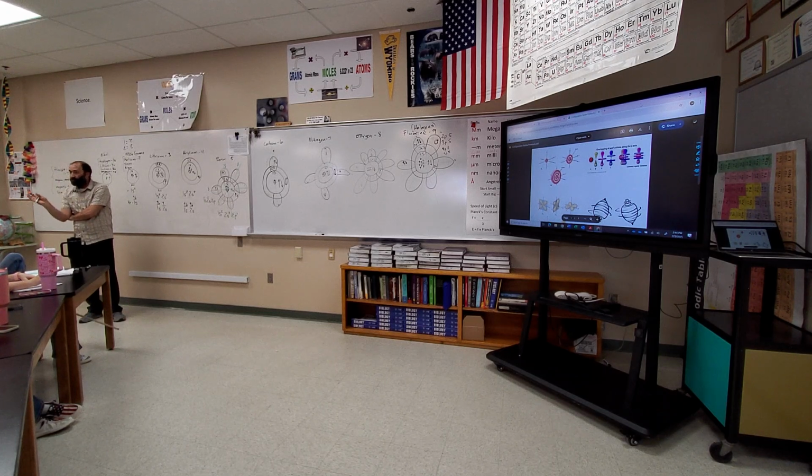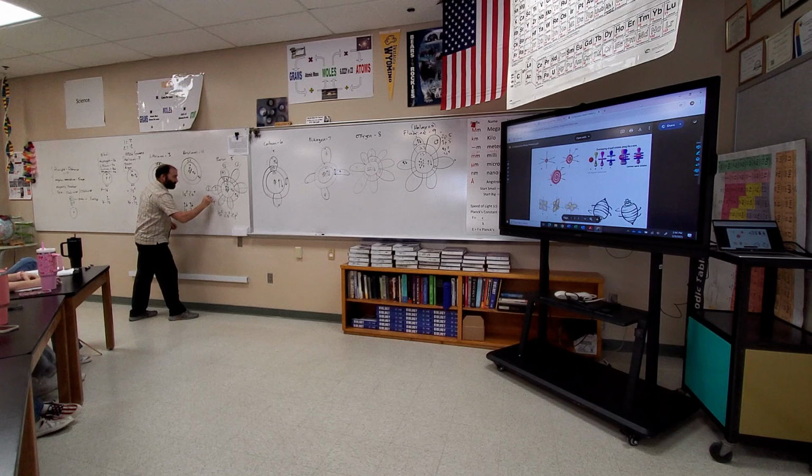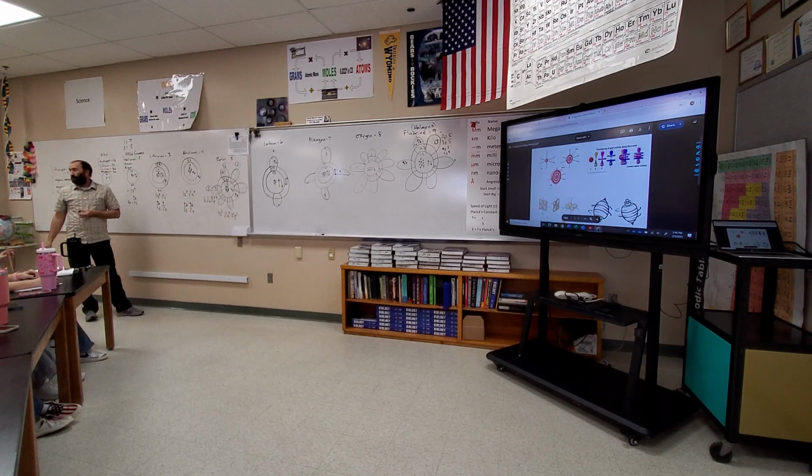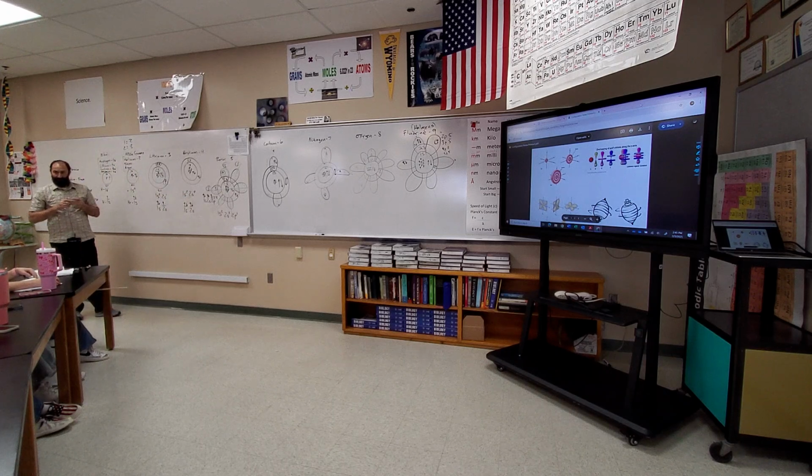We can hold 6 electrons, but how many spaces? 3. X, Y, and Z. Okay, so 1s2, 2s2, and 2p1.